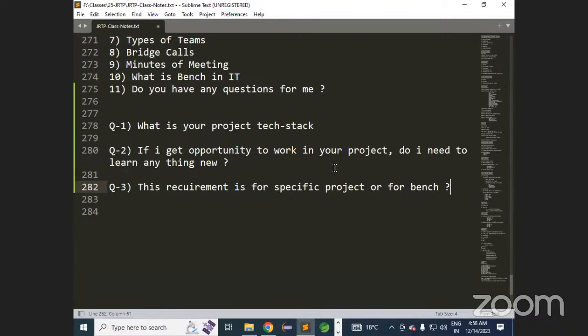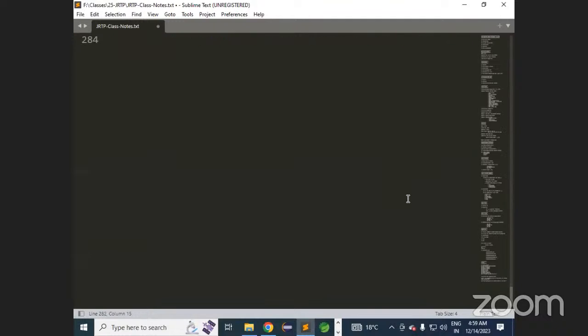Definitely the person taking your interview will ask at the end, do you have any questions for me? Then you need to ask all these three questions. What is your project tech stack? If I get the opportunity to work in your project, do I need to learn anything new? Is this recruitment for a specific project or for the bench? You can ask that. Okay, good.